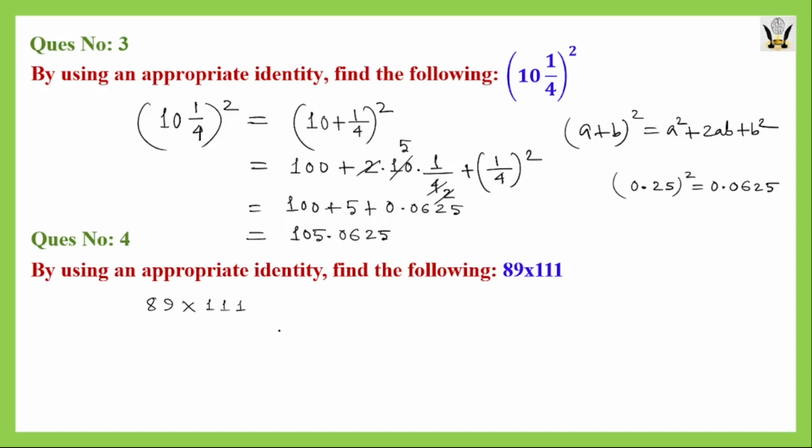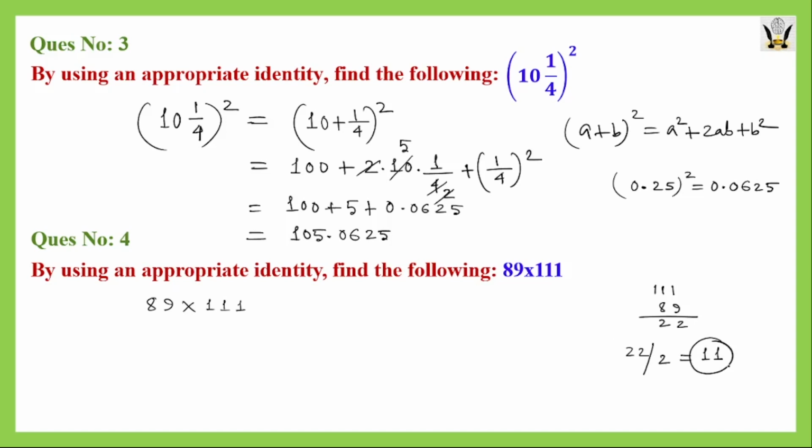Now in the next question again we need to use an appropriate identity to find the following. In this type of problem, one way is to find the difference of the given two values. Here it is 111 and 89, so the difference will be 22, and that will be divided in equal parts, so divided by 2, finally it will be 11.